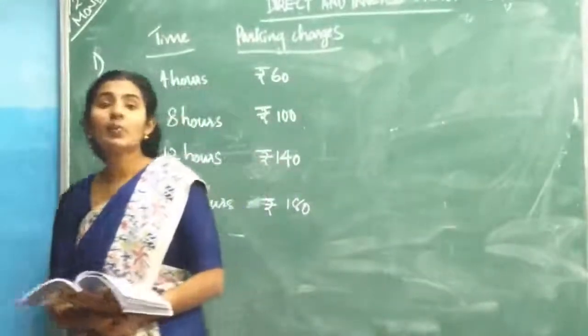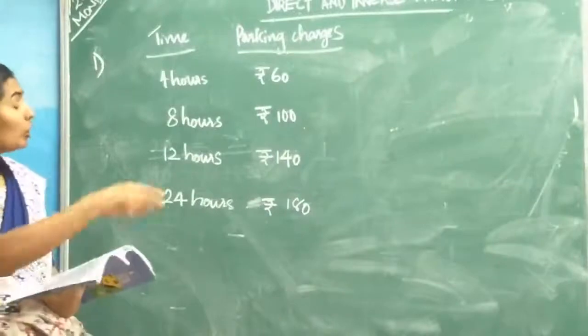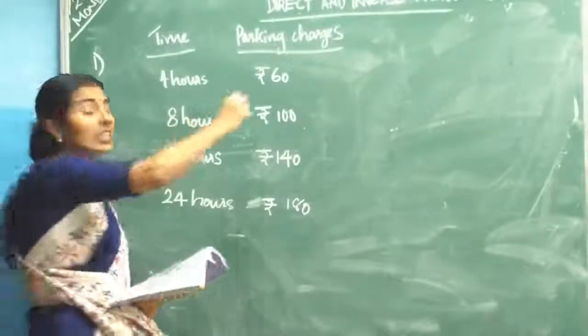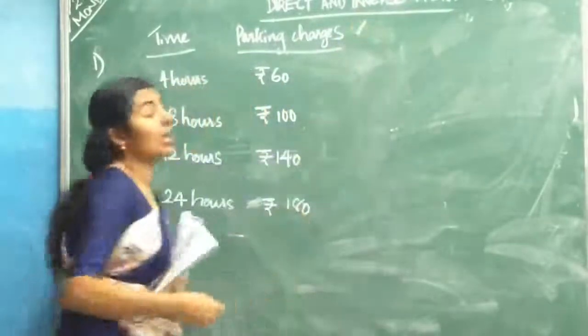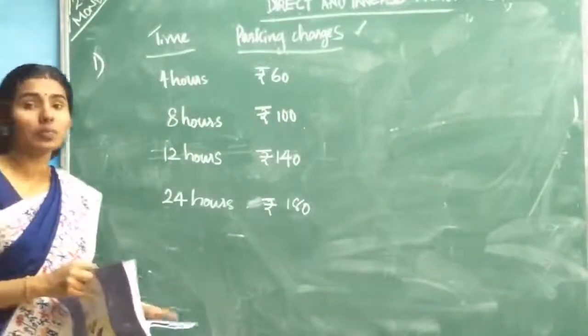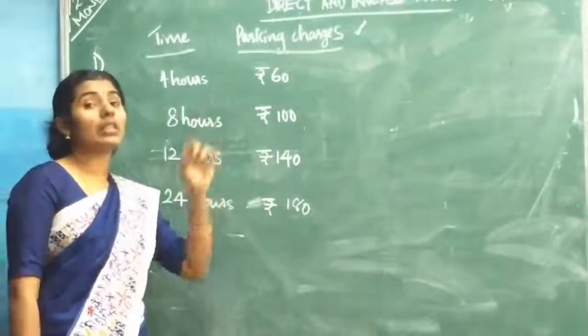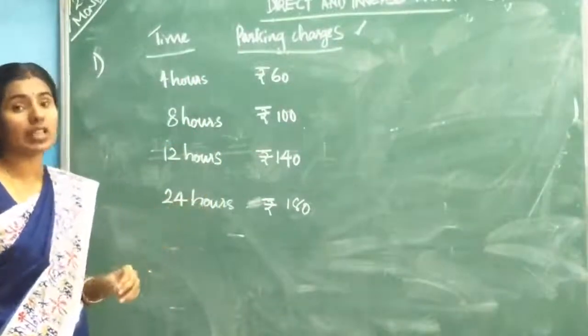Now we will do the sums from your textbook. First of all, I will read the question. The following are the car parking charges near a railway station. See here, they have given the car parking charges near a railway station.